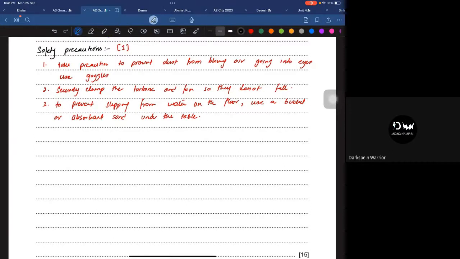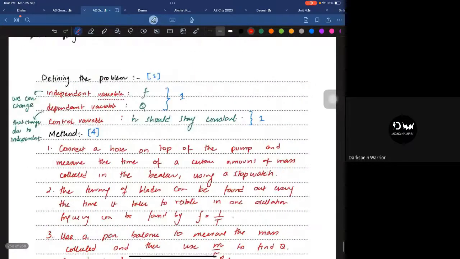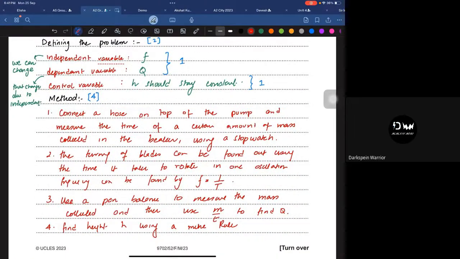Now, the most important point in this one, which has actually 5 marks, is the additional details. This is why I told you these 5 marks, you need a minimum of 5 additional details. If you've seen the experiment that I've written, it's a very basic experiment. What I've said is, okay, you can find frequency by taking time of one oscillation. And I've told them how you can basically take the amount of mass and so on.